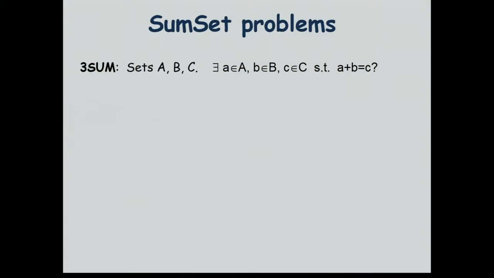I'm going to take a look at problems which I call SumSet problems, and 3SUM is exactly such a problem. In 3SUM, as you've seen the definition this morning, and you'll probably see several more times in this workshop, you have sets A, B, and C, and you'd like to know if you have an element from each such that A plus B equals C. Another, equivalent way of writing this is asking whether the set A plus B intersected with C is empty or not.